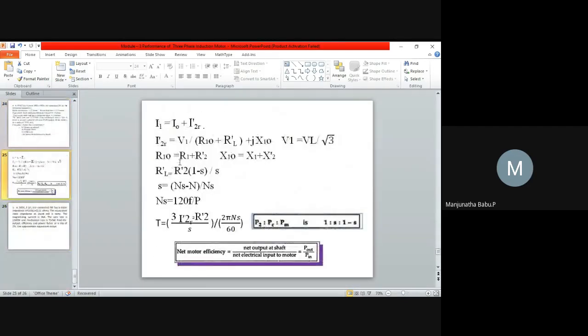Now I1 will be equal to I0 plus I2 dash. So I0 is equal to 20 at an angle cos inverse of 0.09. So calculate how much you will be getting.